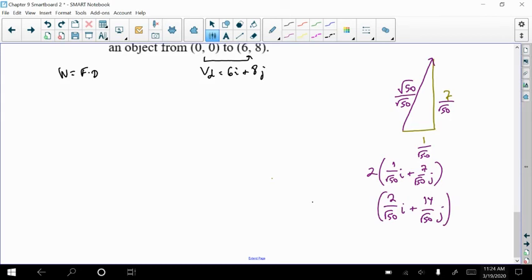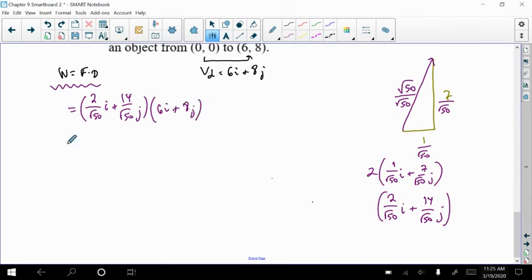So then I'm going to come back over to my formula and say work is equal to force times distance. So then my force vector we said was 2 over root 50 i plus 14 over root 50 j. And then we're going from 0, 0 to 6, 8. So we said that was 6i plus 8j.